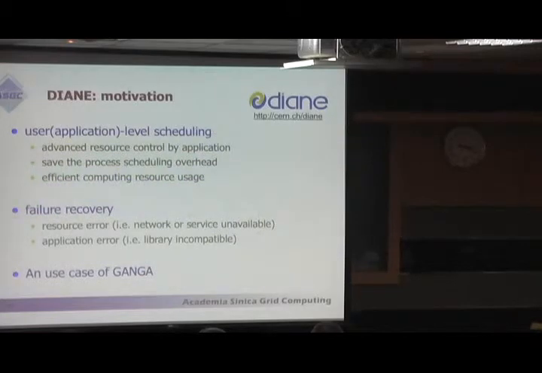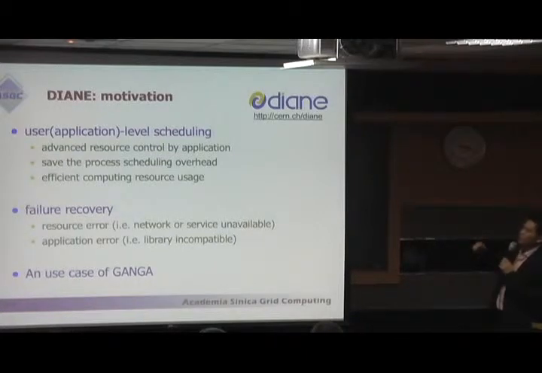Okay, the other example is actually a prototype, which is called Diane. And again, it's open source, so you can find more information, even the source code over there. The purpose of this utility is trying to establish some extra layer on top of your grid systems, so that the application can take control of all these resources which are allocated from the grid.